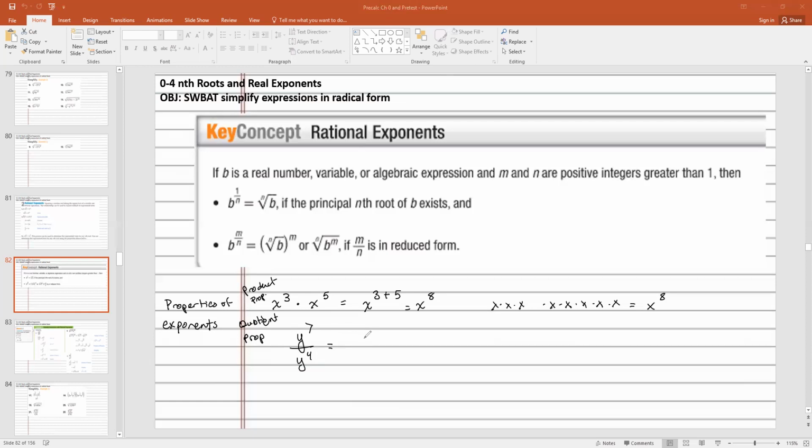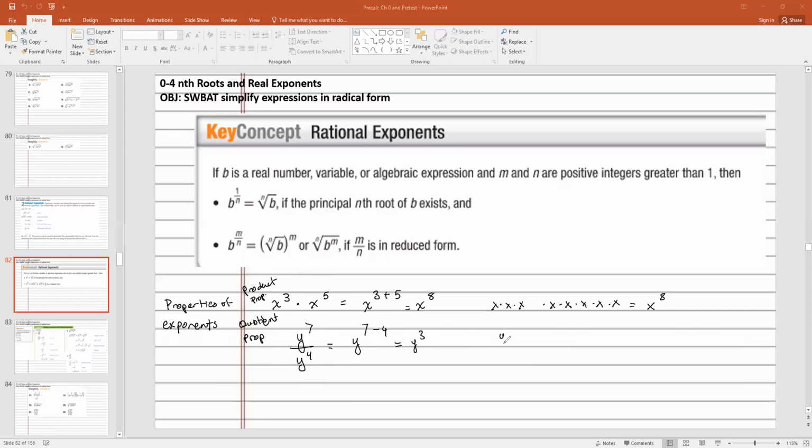If product is adding the exponents, quotient, dividing, is subtracting them. Again, the bases have to be the same, and we subtract the exponents. 7 minus 4 is 3.